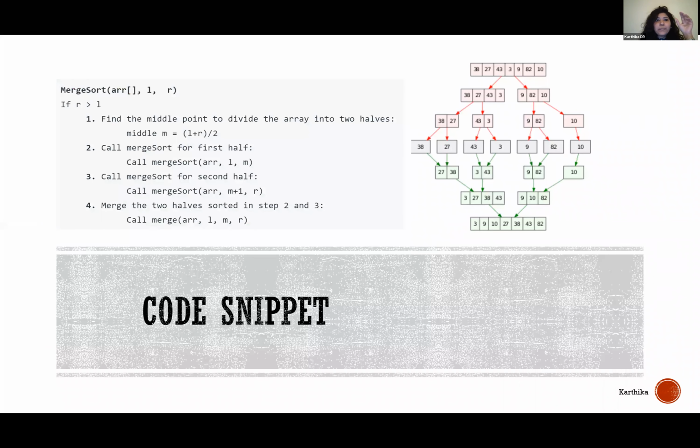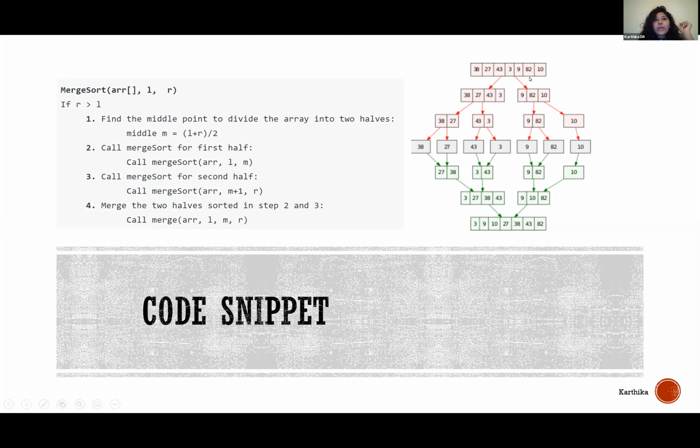This is a code snippet of merge sort. For example, here the array consists of 7 elements. What merge sort does is, the base case is if there is one element in the array, or no elements in the array. That is the base case. It means the array is sorted. Here there are 7 elements.